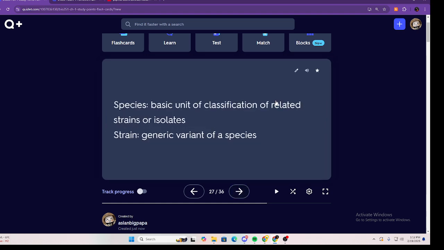And species versus strain. So basically, we can have Clostridium difficile, so C. diff, and species is basically that, right? So we have a species of C. diff, and then a strain. So C. diff 12. So that's a genetic variant of that species, which either means it's more pathogenic, so more deadly, or could be less deadly.